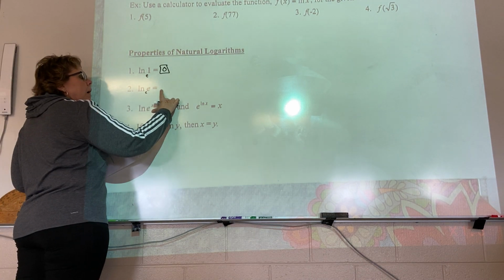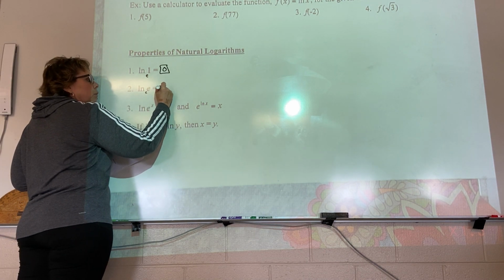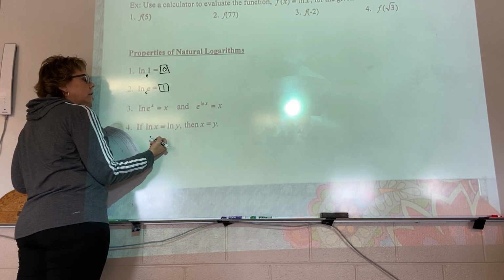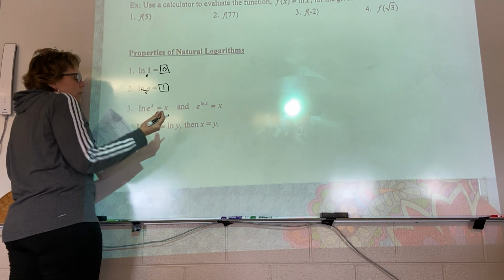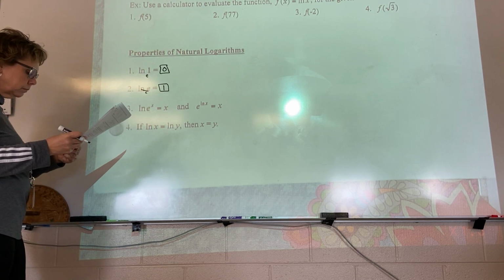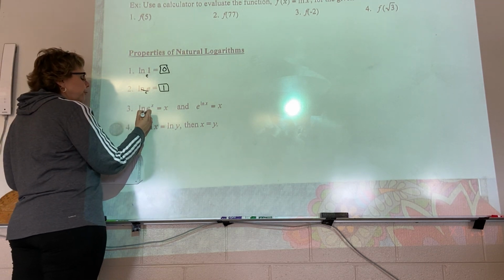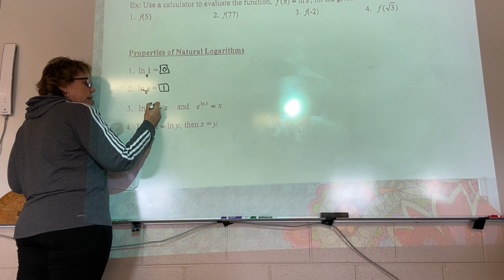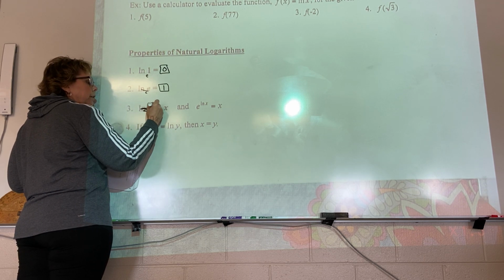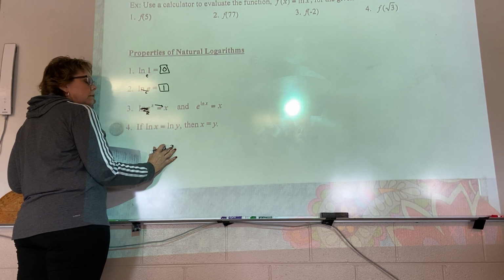This one, e to what power gives me e? Well, 1. So if this is the base and I'm taking the natural log of what the base was, that just cancels, it just gives me 1. And then e to the x gives me e to the x. So these just disappear, x slides down.